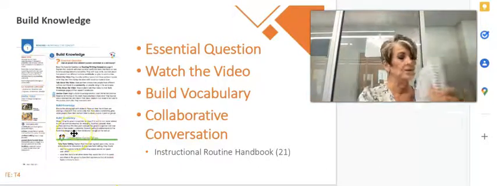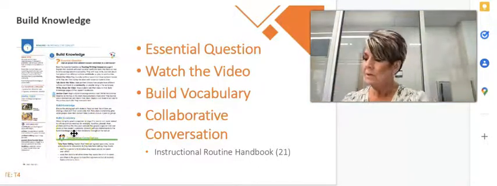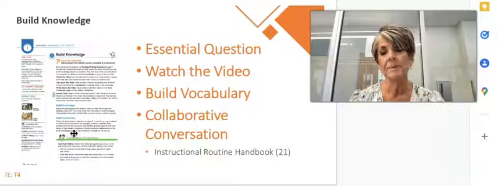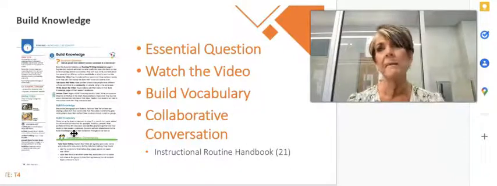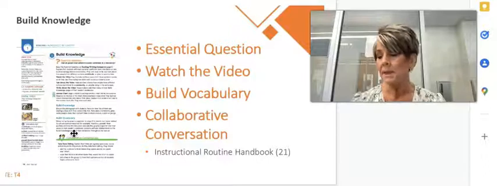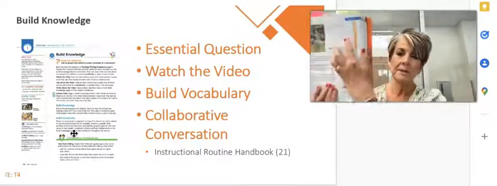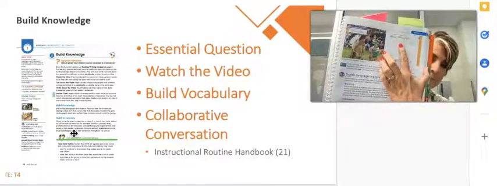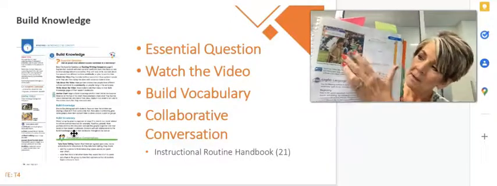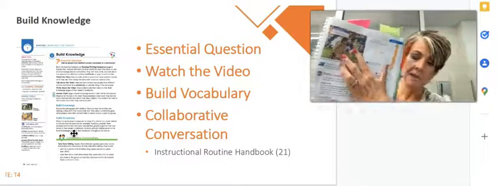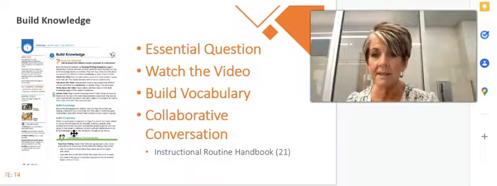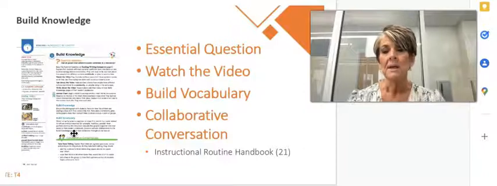You'll also want to decide in your plan, am I going to have up a big anchor piece? When I taught this, I decided to print this page right here with the essential question, and I had that up in the room for the 10 days that I was instructing.